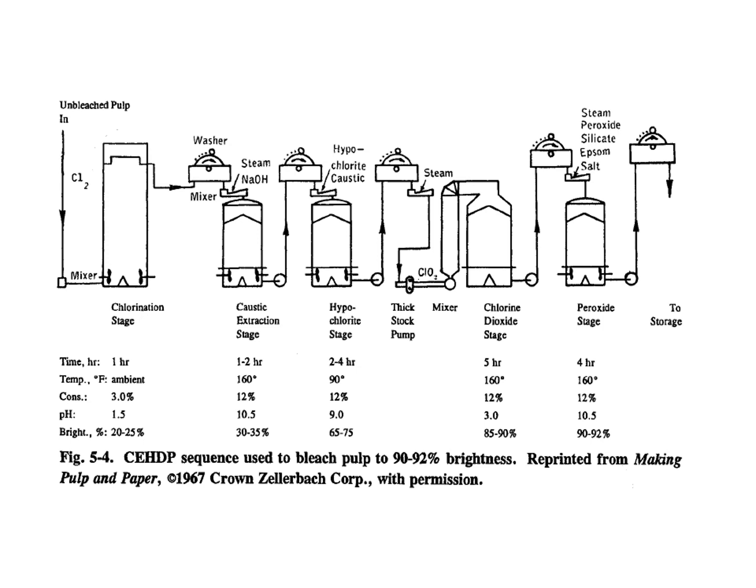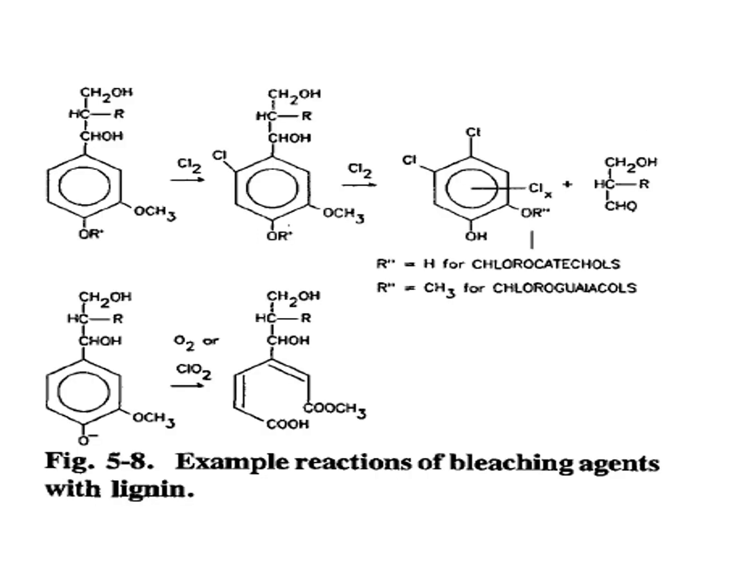Here you can check the temperature, time, consistency, pH as well as brightness. Now in this slide you can check an example of the reaction of bleaching agents with lignin.